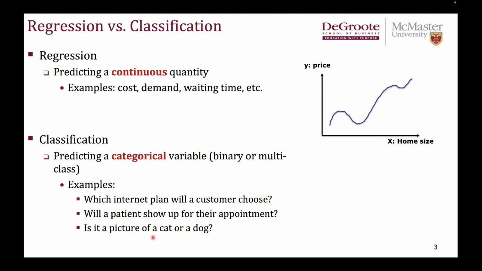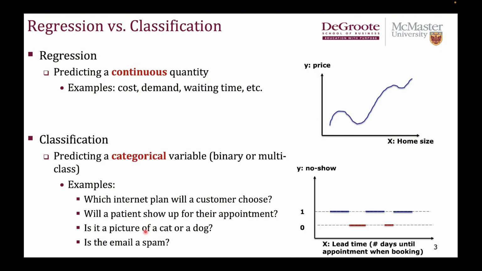And show versus no-show, maybe classification of pictures. What kind of animal is in the picture? Is it a cat or a dog or a rabbit? So those are what we consider classification problems: categorical variables with only a few options. Okay. For emails, is it spam or a regular email?